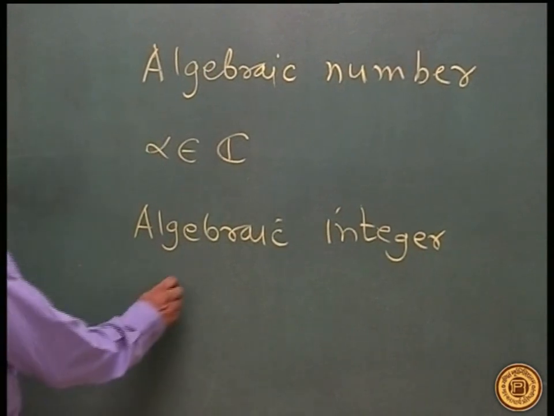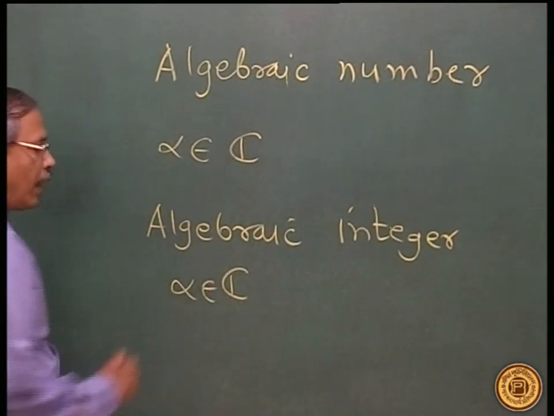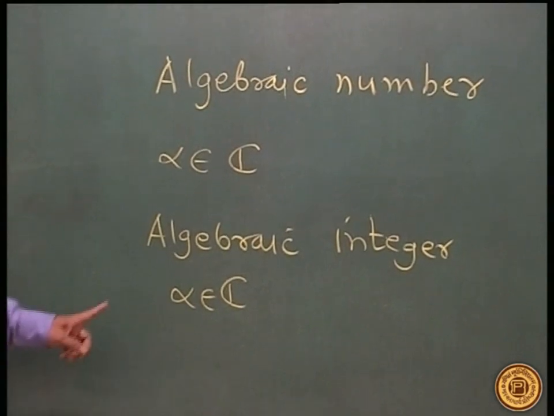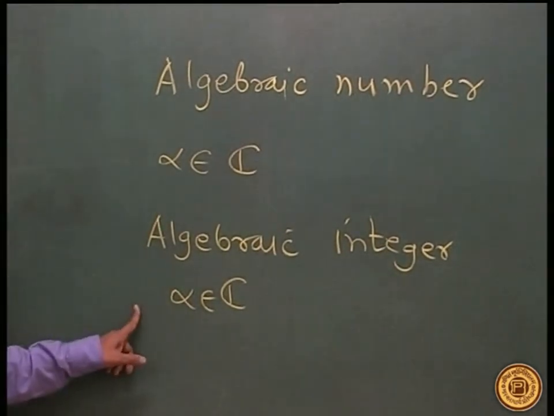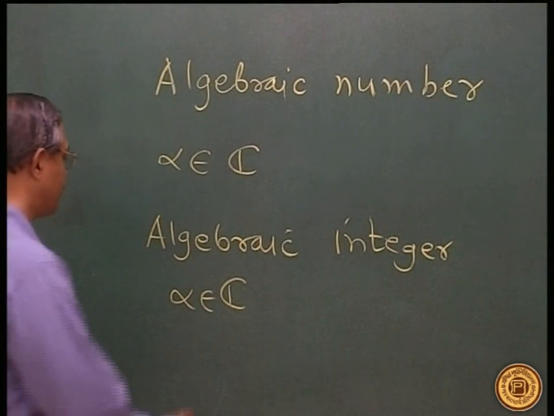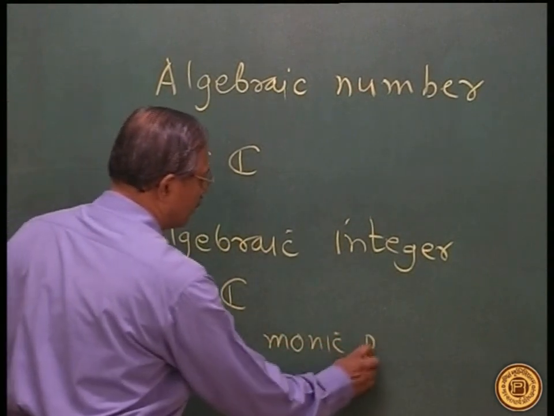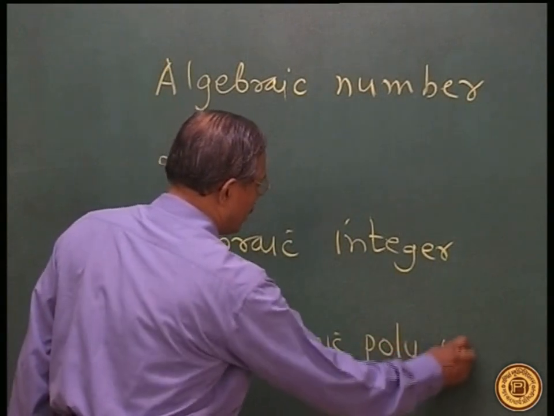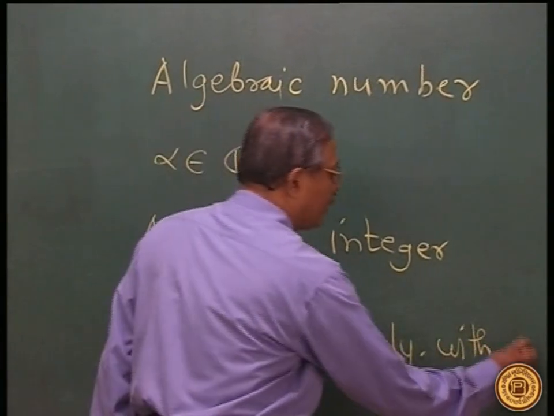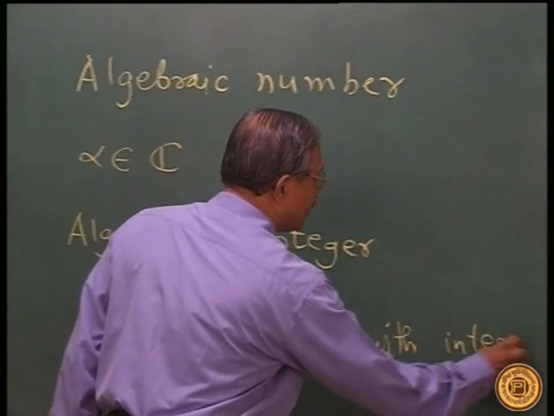Again, alpha in C is called an algebraic integer provided it satisfies a monic polynomial with integer coefficients.